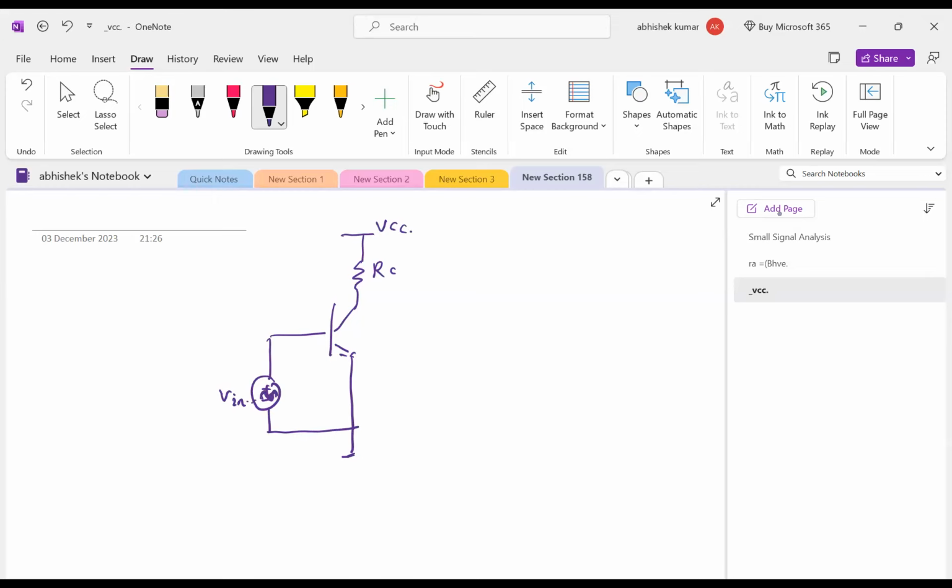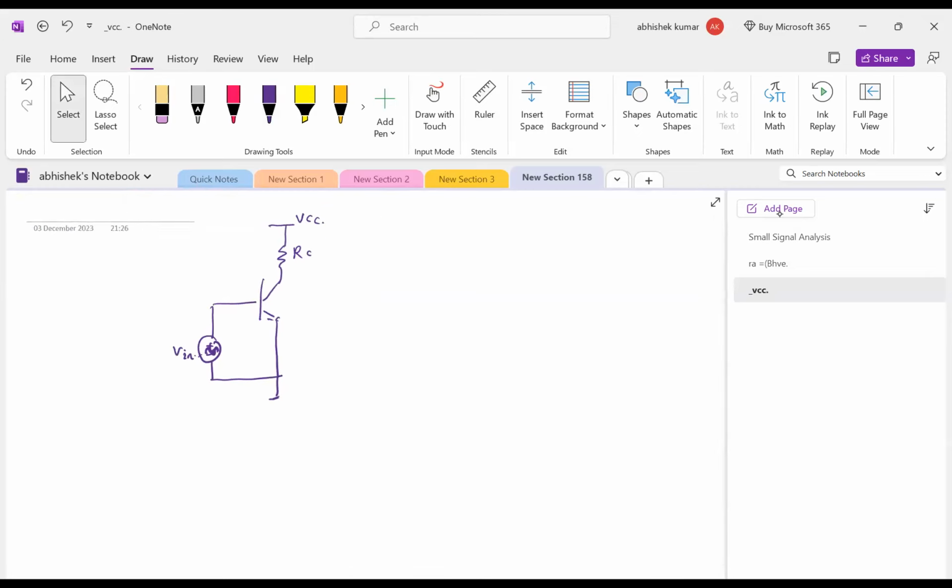Now, what do you mean by small signal model? Using a small signal model, we will draw one equivalent model of this BJT, known as the small signal AC model of the BJT.